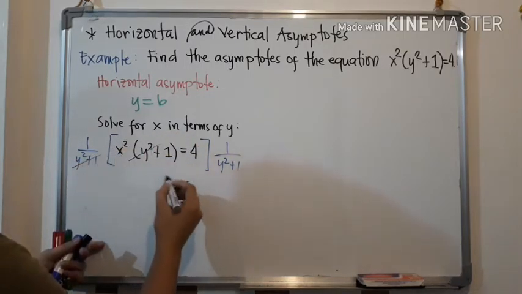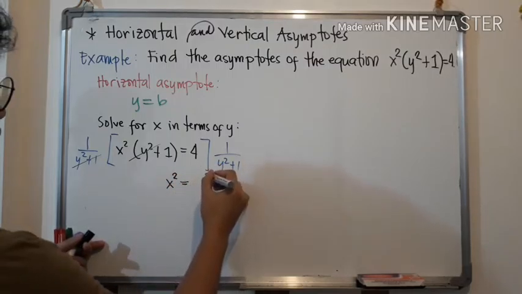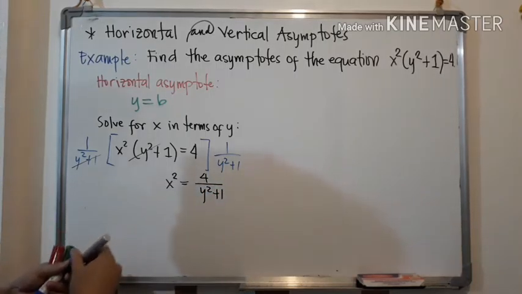So we have x squared on the left side of the equation, and we have 4 over y squared plus 1.